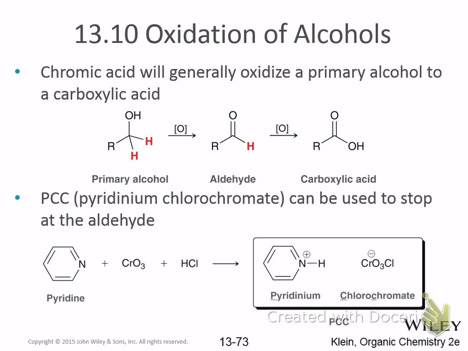And then we'll discuss why it's different. I'm trying to find a good place to put it. I'll draw it up here. So pyridinium, I'll just draw that out. And then the chlorochromate actually is this.